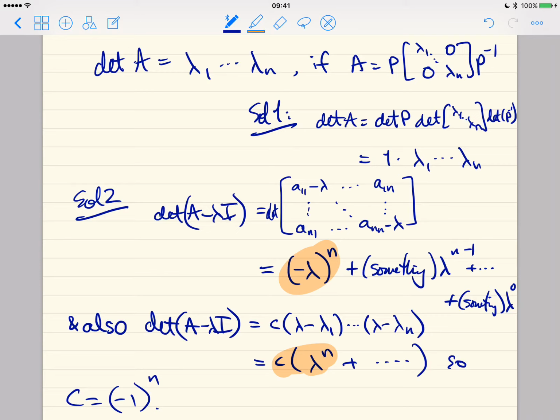All right, and then once we know that c is negative 1 to the n, what can we do to find determinant of A based on this formula?